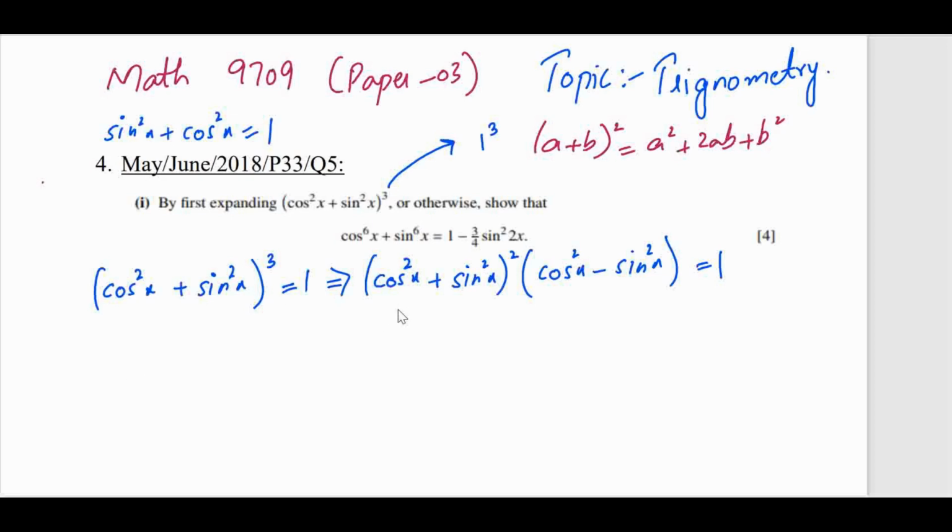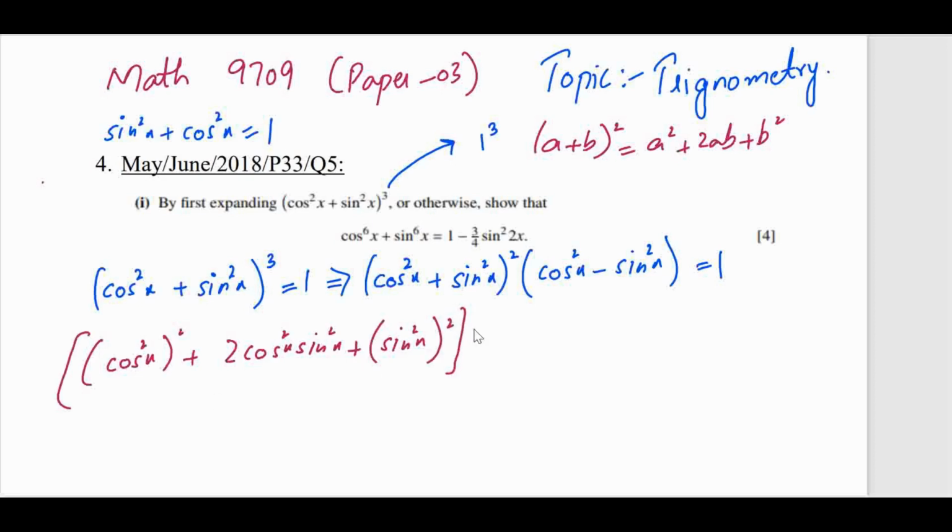Now we can use the identity over here, so this will be a square plus 2ab plus b square, into (cos square of x plus sine square of x) is equal to 1.